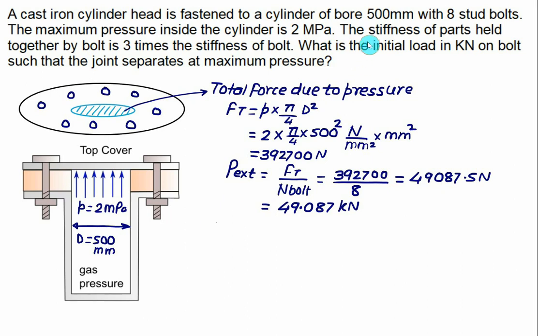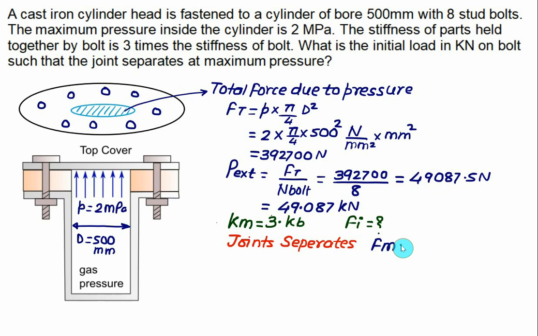The stiffness of the part held together by the bolt is 3 times the stiffness of the bolt. So we have the stiffness of the material Km equal to 3 times the stiffness of the bolt. We want to calculate here the initial load Fi. He says that the joint will separate at a maximum pressure. When the joint separates at the maximum pressure, the value of Fm will be equal to 0.